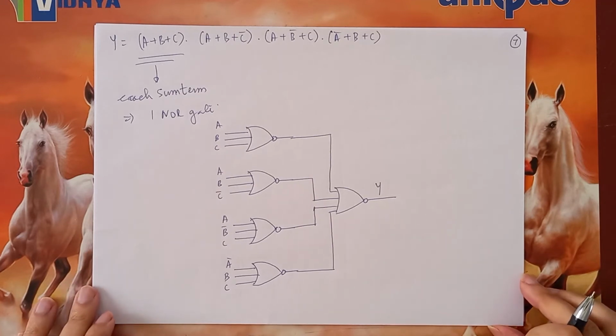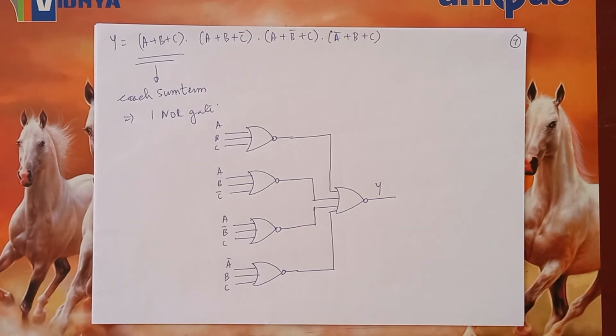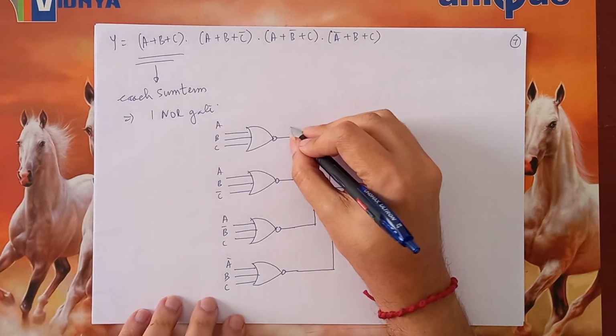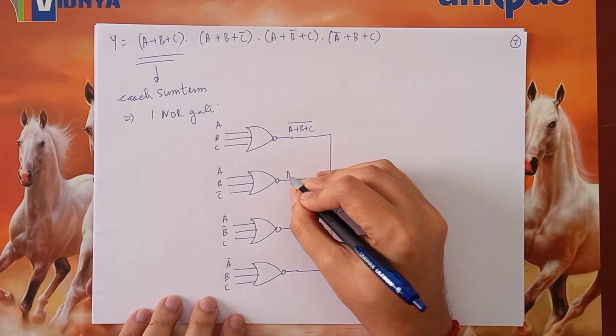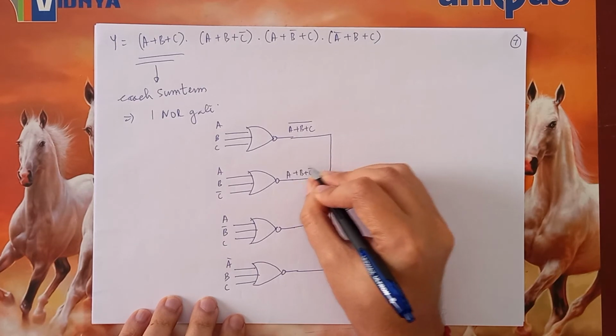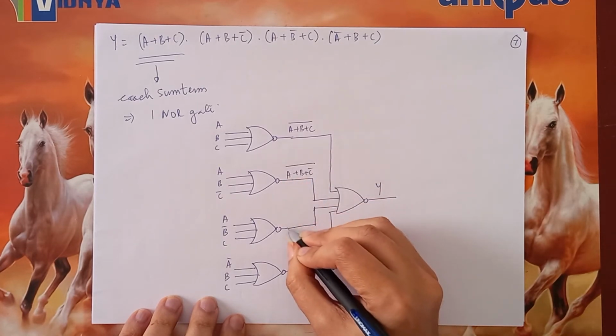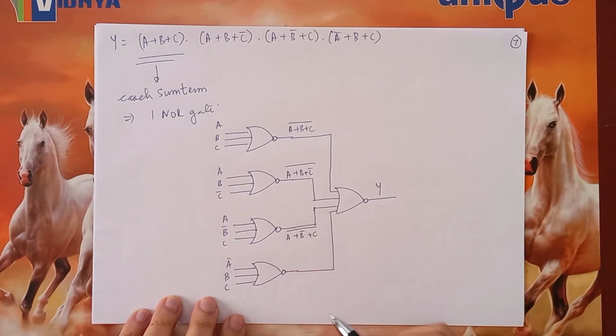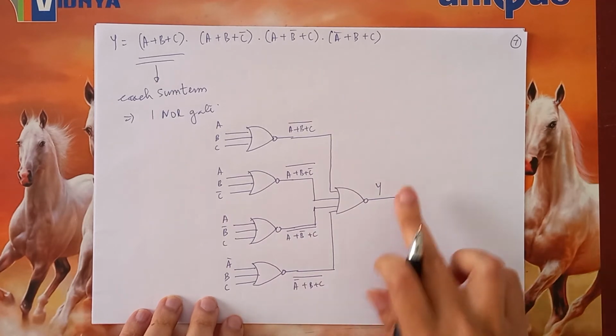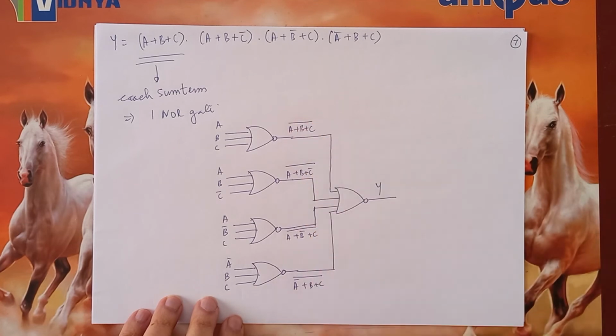Right? Once again, let us verify if this works. This will be A plus B plus C whole bar. This will be A plus B plus C bar whole bar. This will be A plus B bar plus C whole bar. This will be A bar plus B plus C whole bar. So therefore, this Y will be a NOR of all of these.